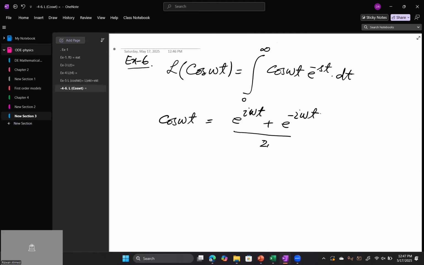And cos of omega t is basically the real part of these complex exponentials.